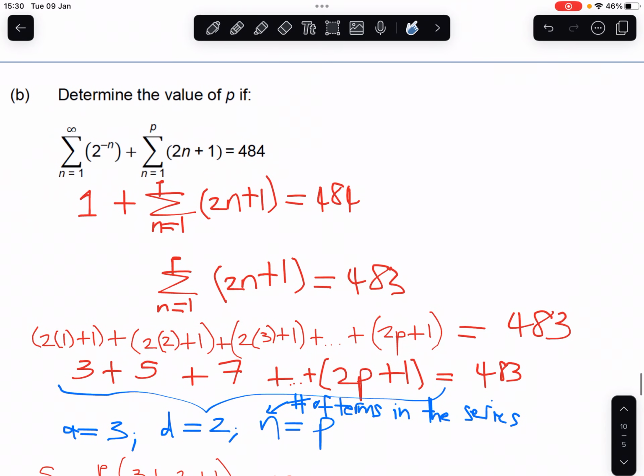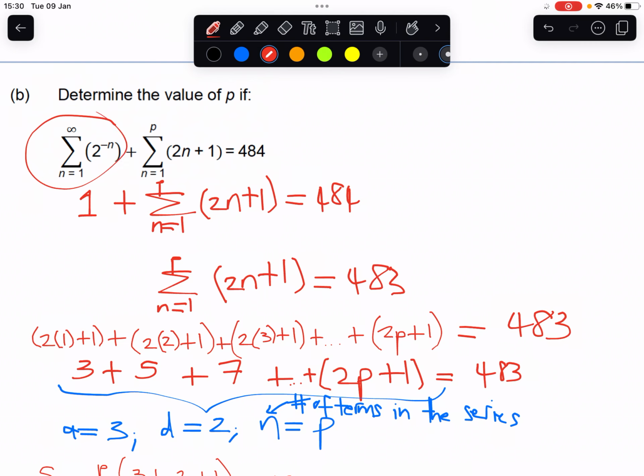So if we take the sum to infinity of this expression, that's always going to be 1, right? That's fixed. That doesn't depend at all on p. And we add it to the sum of this expression, it should give us 484.